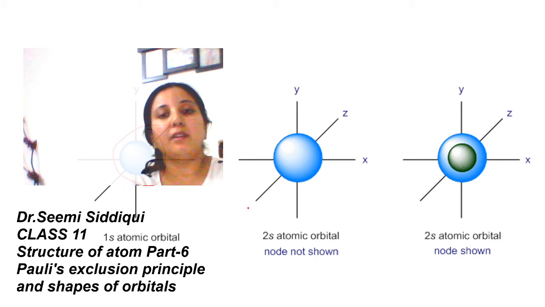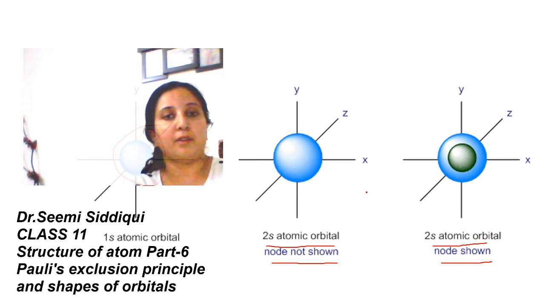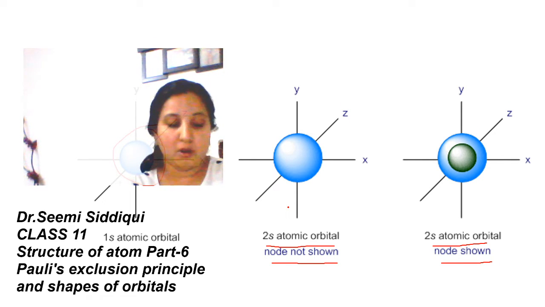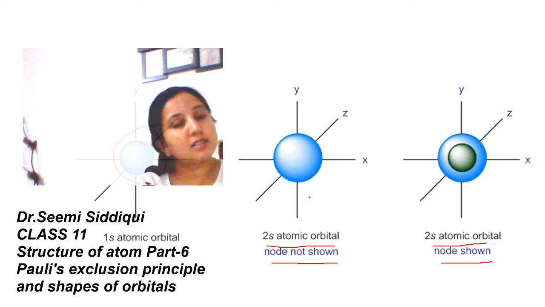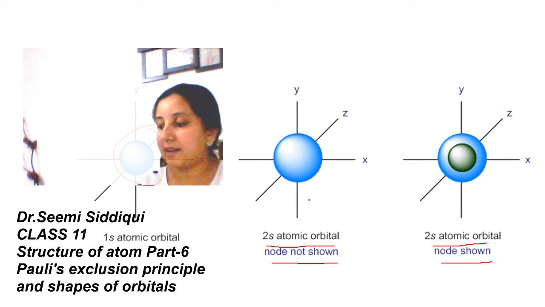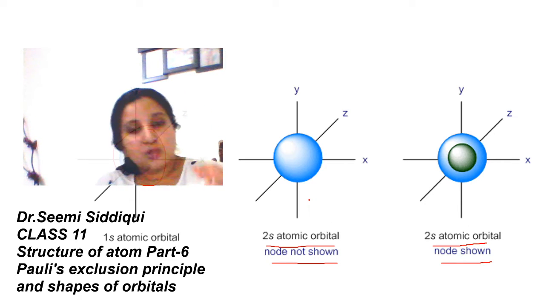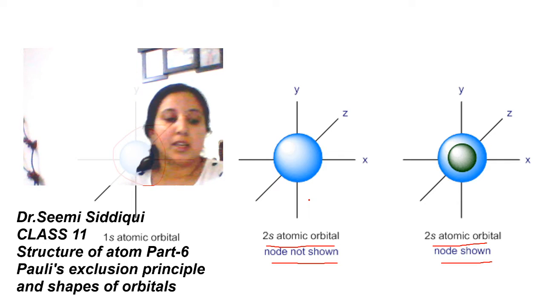If you look over here at the 2s atomic orbital, I have shown two pictures, and we have written node not shown and node shown. Now let's look at the 2s orbital. What is the case here? The 2s orbital is also going to be non-directional and spherically symmetrical. Density is maximum at the nucleus, and it becomes small at a larger distance.